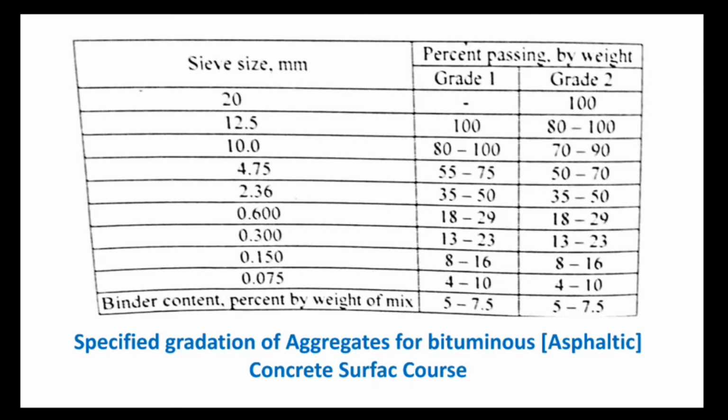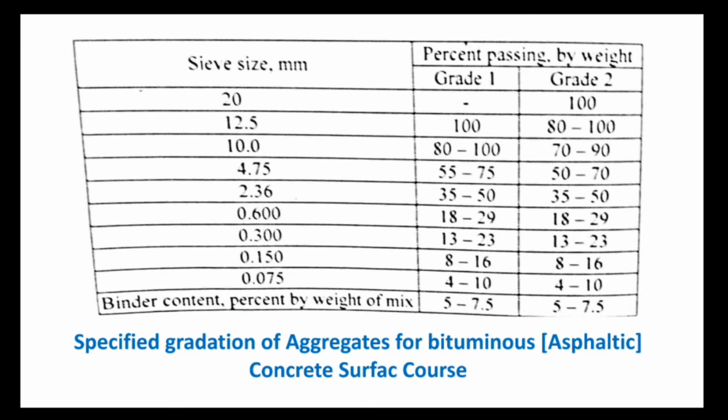It should contain all sizes of the aggregate, that means it should be a well graded aggregate, so as to fill the voids present in the larger size aggregates by the smaller size aggregates, which will be the coarse aggregate, the fine aggregate, and the filler.